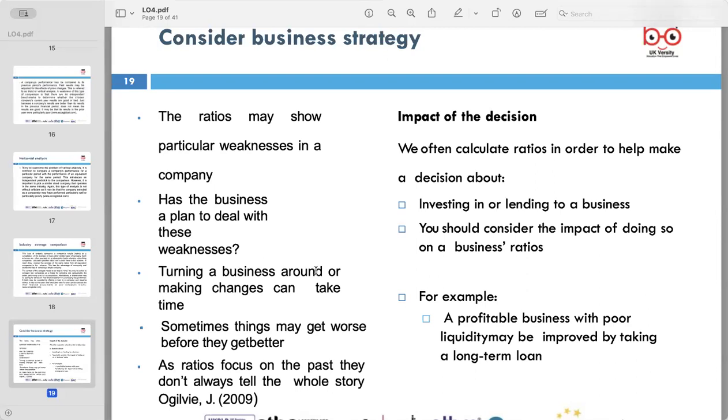Implementing changes and turning around a business takes time, so outcomes may not be immediate. Also, ratios reflect historical performance and may not capture the full picture of a company's strategic decisions or future prospects.